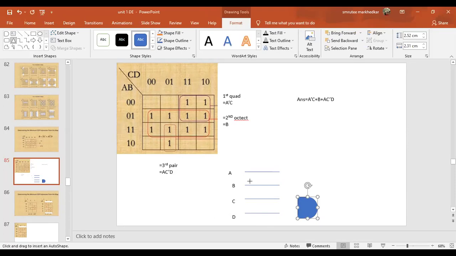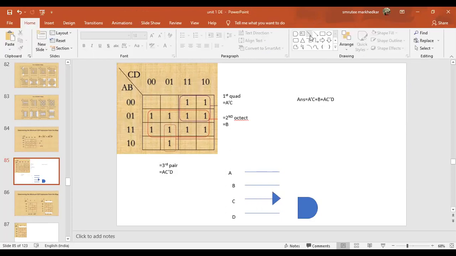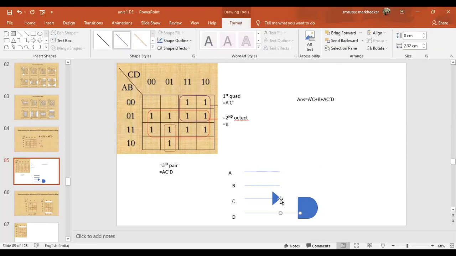So I have taken a NOT gate for C bar and put it here. What else is there? A has to come directly, so I'm just using this line. First I will join these two together, so this makes it D.